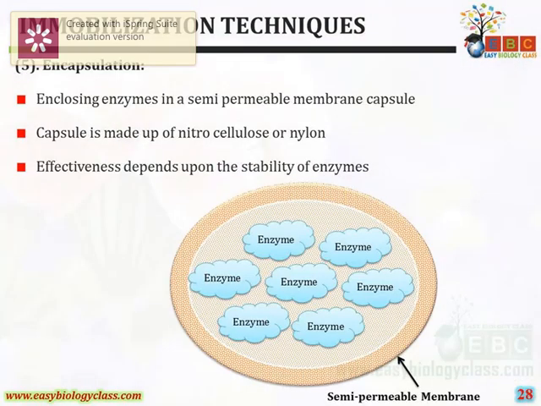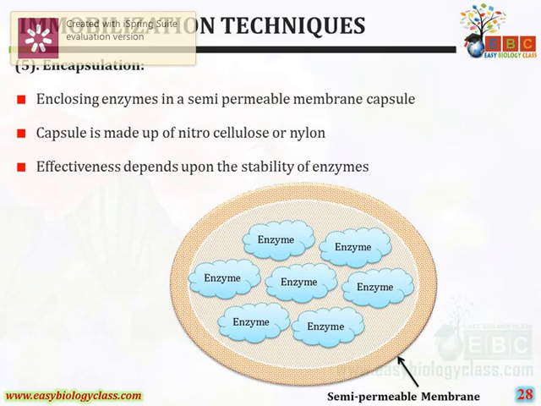This is the fifth method, encapsulation of enzyme. The figure explains that there is a semi-permeable membrane around all the enzyme molecules, and all the enzymes get encapsulated. Like the nucleus, which has a nuclear membrane.